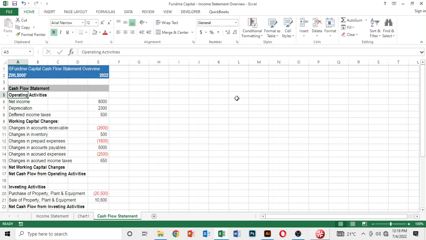So this operating activities section is just a representation of how much cash the business has generated from net income. Mind you that the income statement that we created is based on the accruals basis, whereby we would just record revenue regardless of whether we've received cash or not.